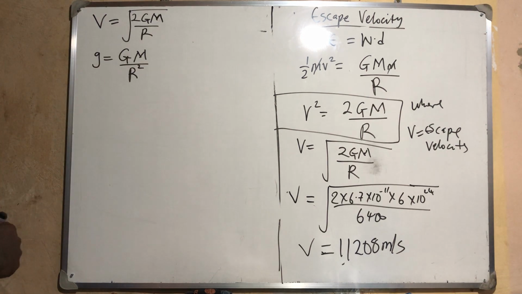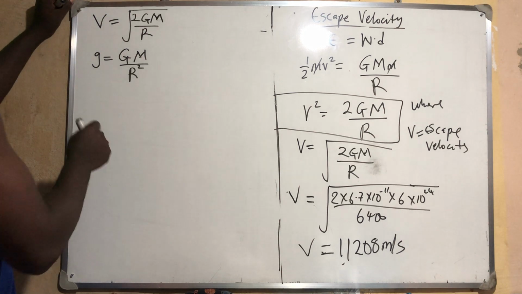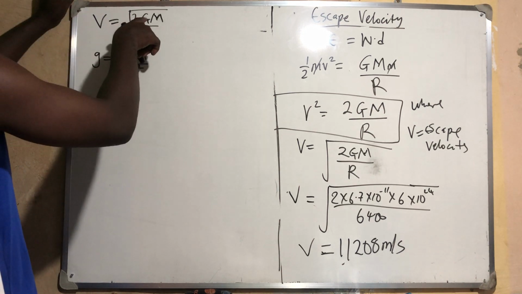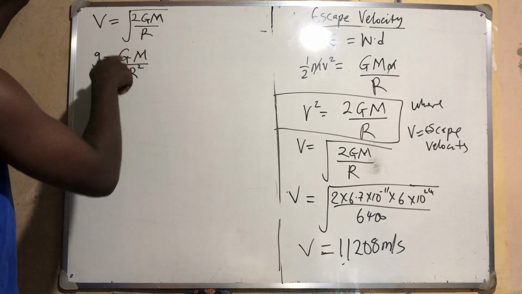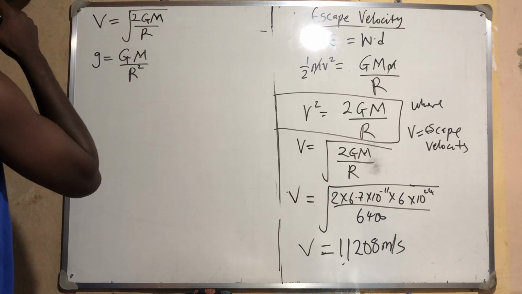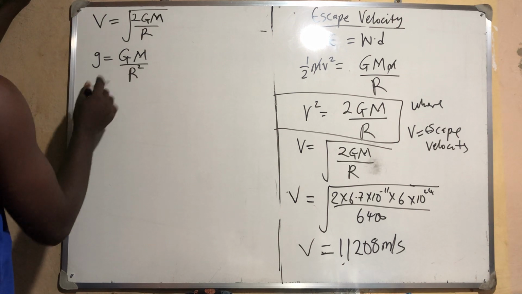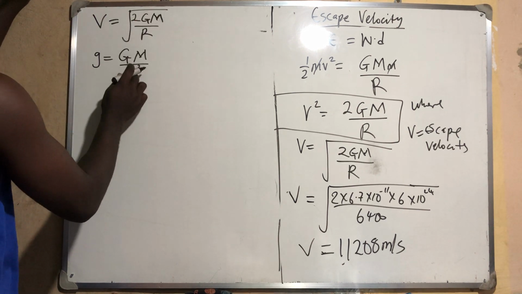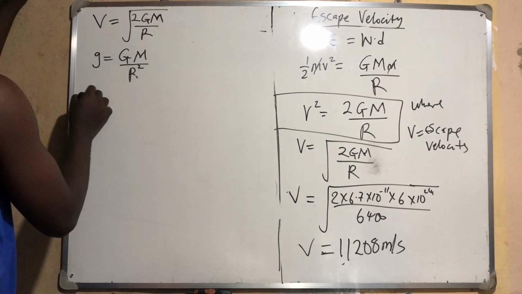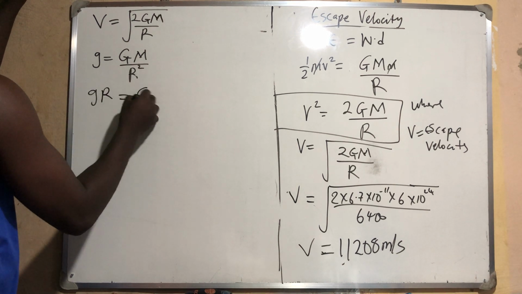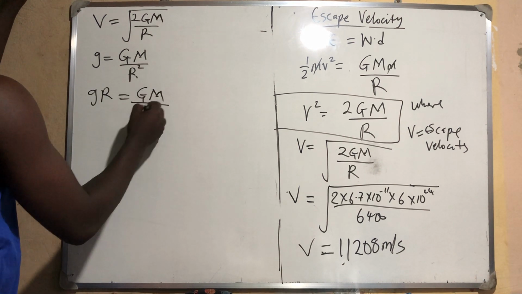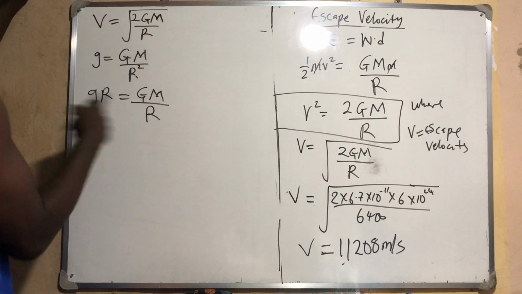Is it not true? So now I want to replace. The only problem here is that I want to get the same thing here, so let me take one of the r here. I have g is equal to GM over r squared, multiplying everybody by r.